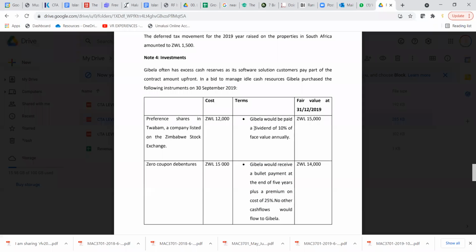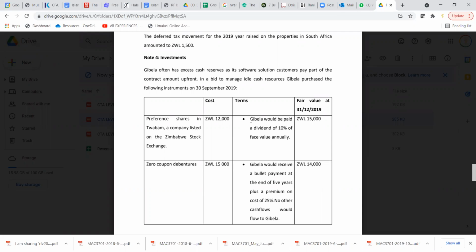The cash flow characteristic of a dividend has got nothing to do with credit risk, nothing to do with time value of money. As a result, this cash flow does not meet the cash flow characteristic.